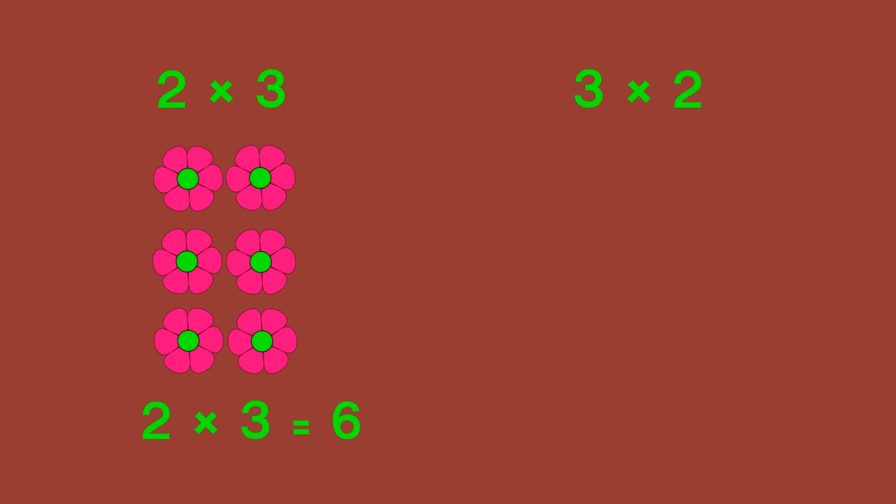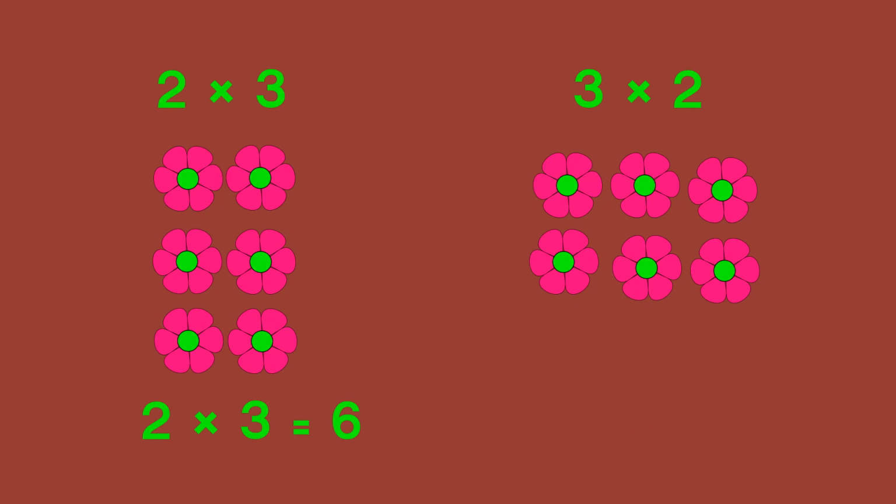We'll get another one. 3 multiplied by 2. Now this time in one group we are going to get 3 flowers. So we have got 2 such groups. So we'll count the total number of flowers here. 1, 2, 3, 4, 5, 6.